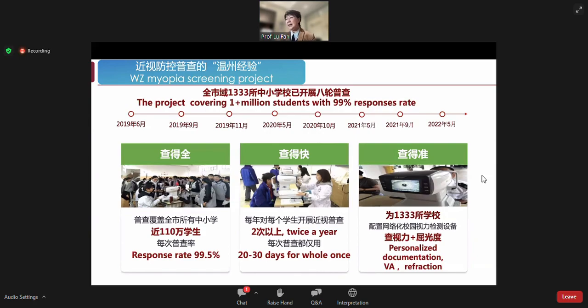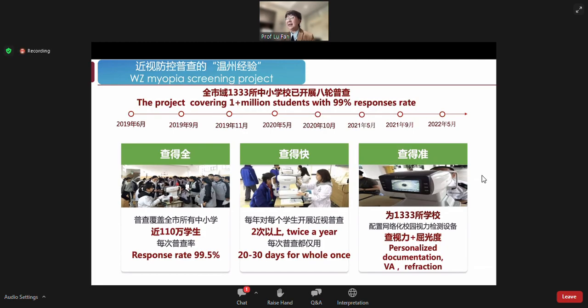We started in early 2019, covering 1,333 schools. It fully covered the whole city, including the countryside. The student number is up to 1,010,000 students in the Wenzhou region where I stay.